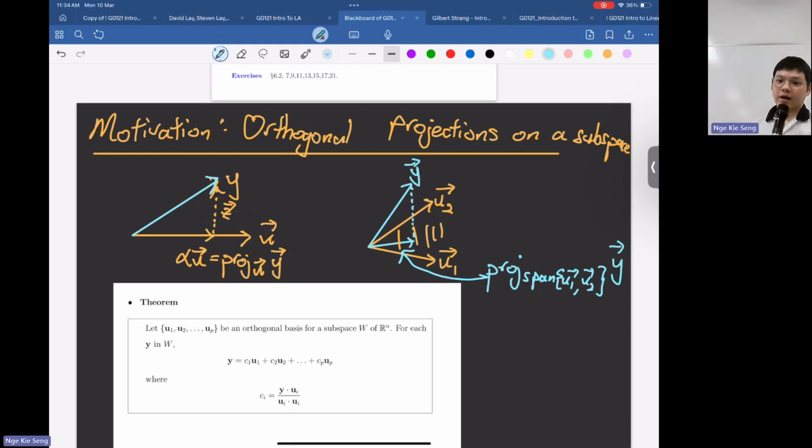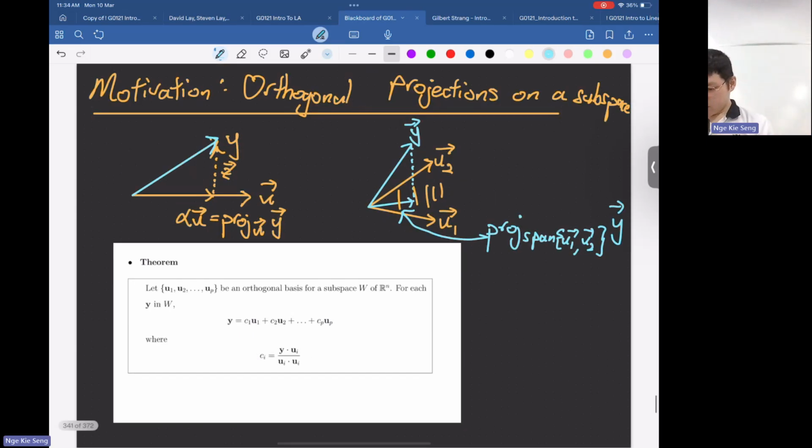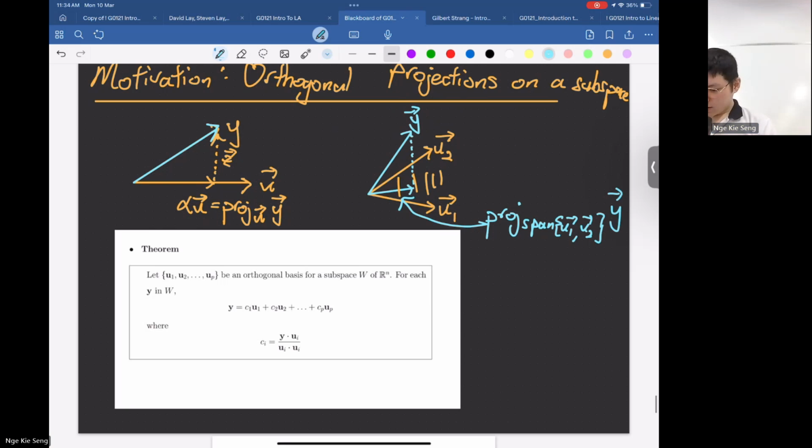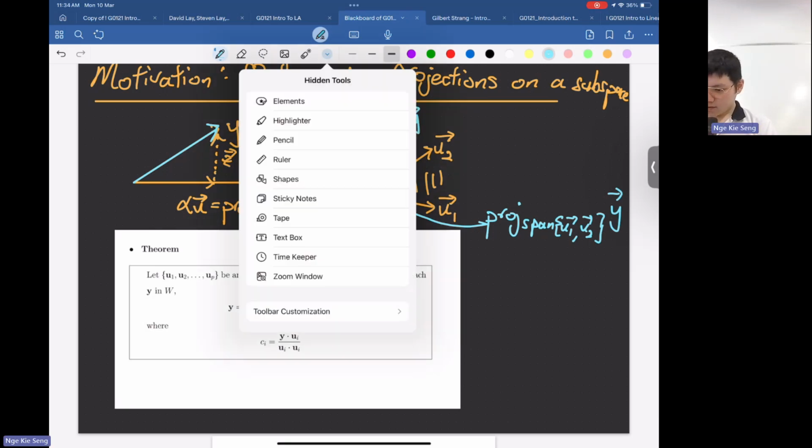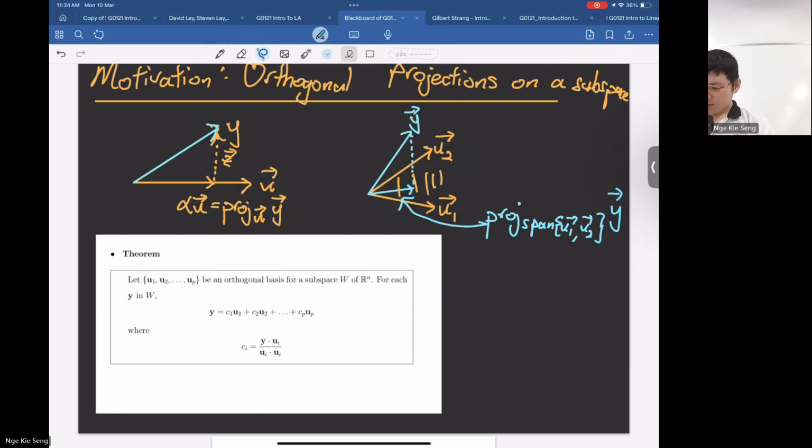So how do we define this? What do you think? How do we define this?